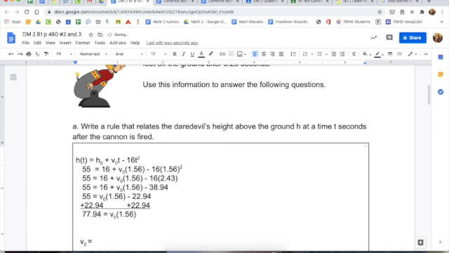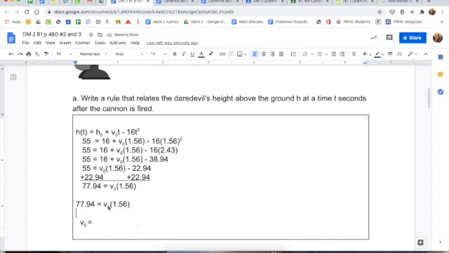But I'm about to. In this next line, what I want to do is now some division. I need to get rid of the 1.56 off of this, so it's just v sub 0 by itself. So of course I'm going to divide this side by 1.56.